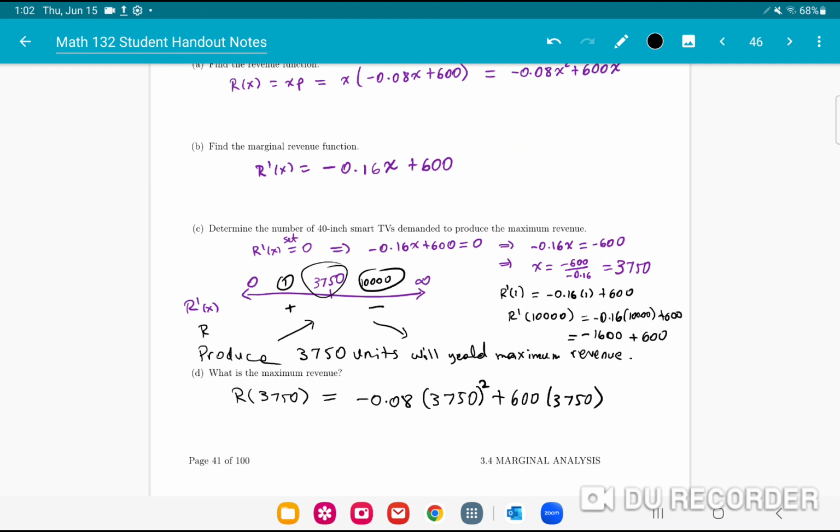I'm going to use my calculator, and that gives me 1,125,000. That would be the maximum revenue. If we produce more, our revenue decreases. If we produce less, our revenue also decreases. So to get the maximum revenue, we need to produce 3,750 units. All right, let's go to the next page.